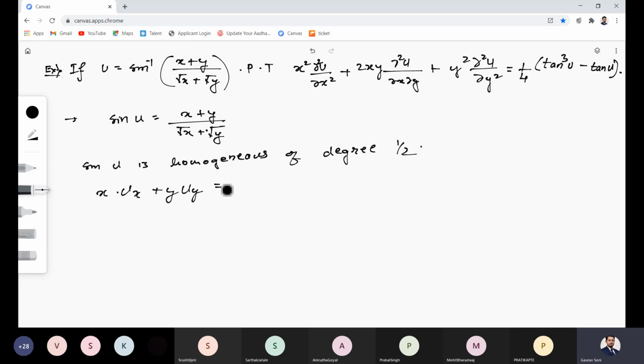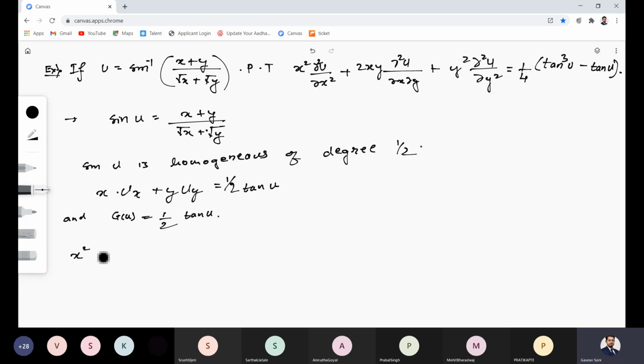Yes, 2 times tan u. And now your g of u, half tan u, yes, 1 by 2 tan u. So g of u is equal to 1 by 2 tan u.